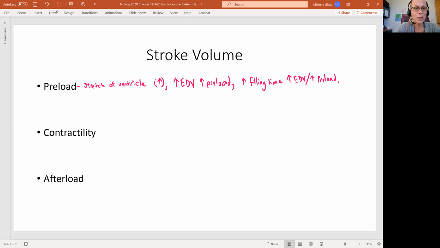And the majority of that filling time, 70 to 80% of the blood that enters the ventricle is passively moving in. So what that means on some level is we need to decrease the heart rate in order to increase the filling time, in order to then increase the EDV, in order to then increase the preload.